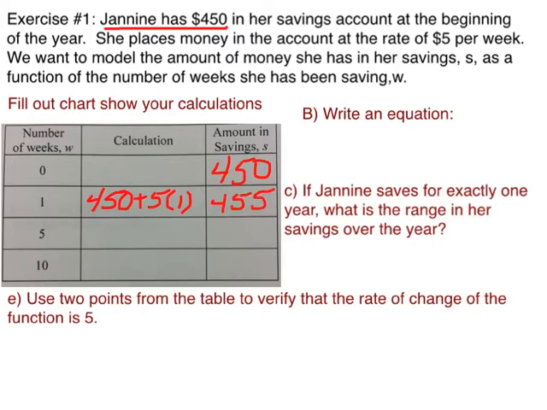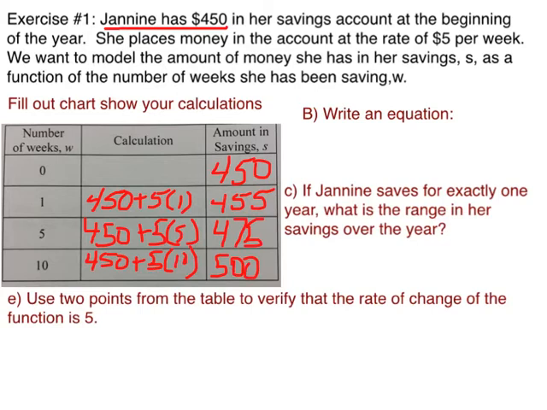In 5 weeks, I'm going to do 450 plus 5 times 5, which is going to give me $475. And then 10 weeks, I'm going to do 450 plus 5 times 10, and that's going to give me $500.